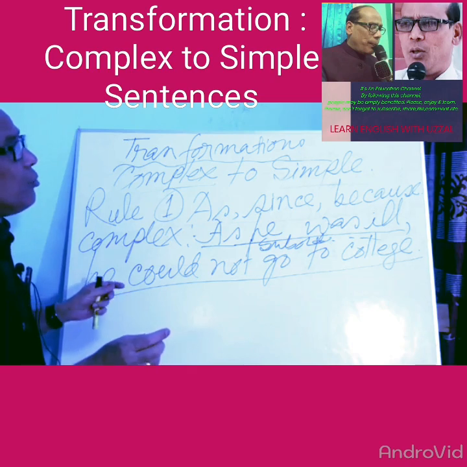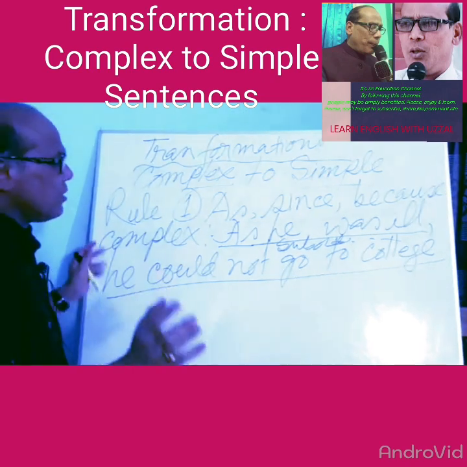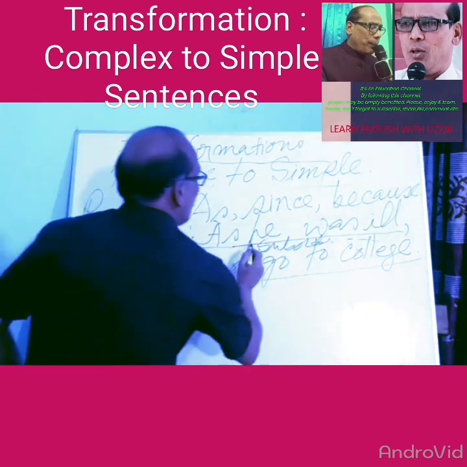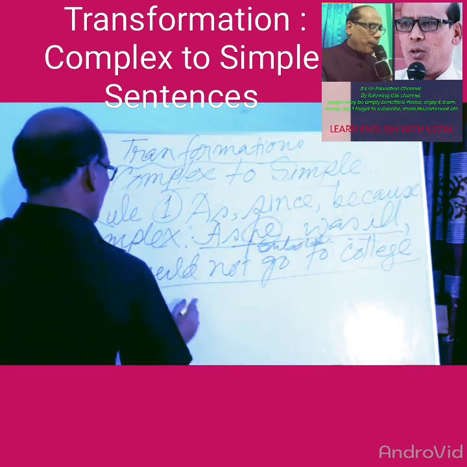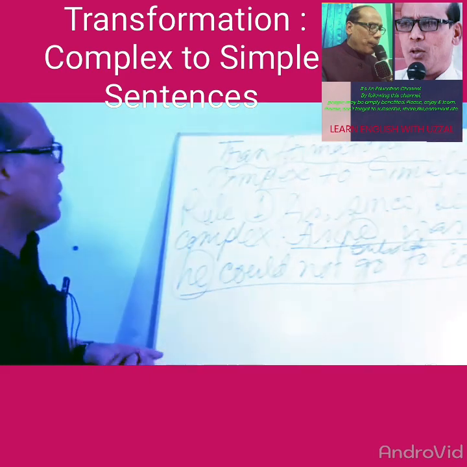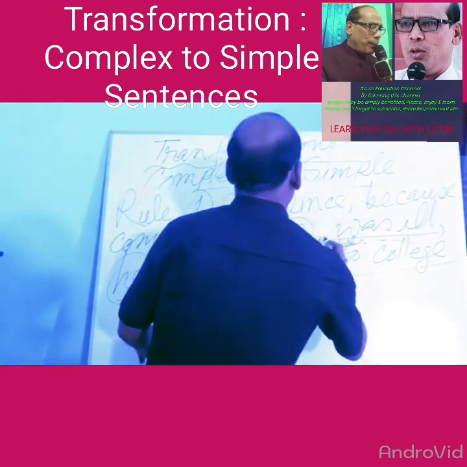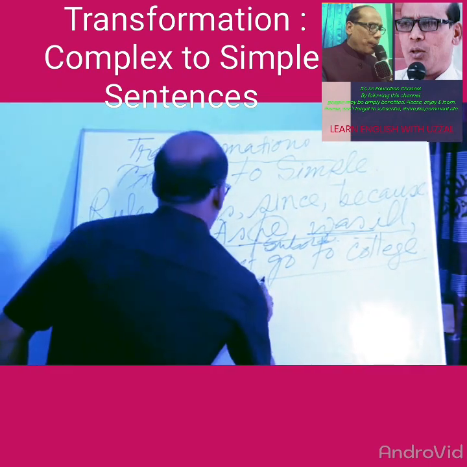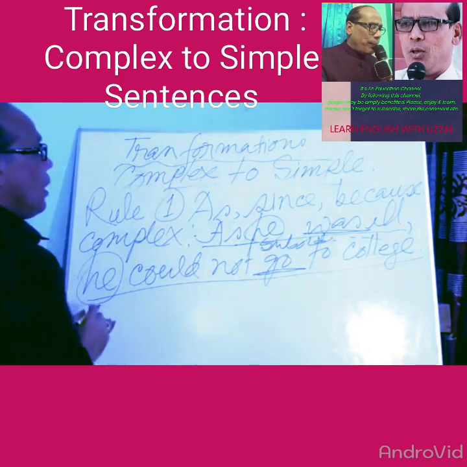We can use an easy term, that is ing verb. Here we can see two subjects, he and he, two verbs, was, and here main verb go.